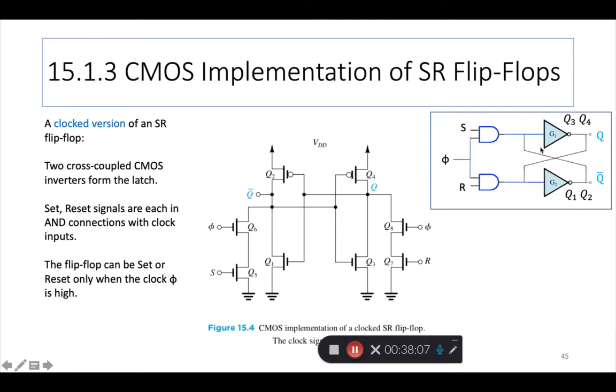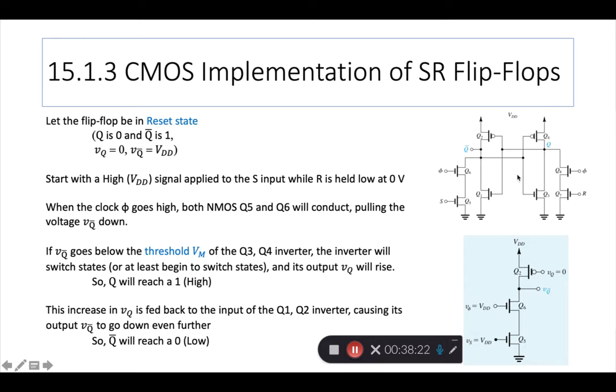Q means this inverter Q3, Q4, G1 is high, it went high, and the other inverter went low. Okay, so I hope this circuit consisting of two inverters and two NMOS devices in series forming an AND circuit helped you see how the set function worked.